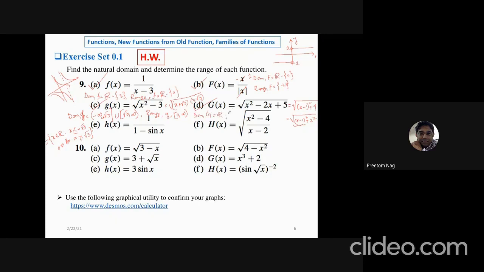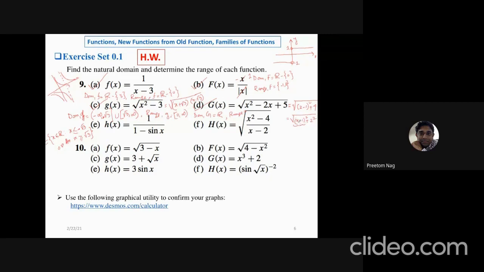What about the range? The range starts from 2 to infinity. Right, yes, you're right. When we look at the range, basically we see here that 2 squared is a constant term, 4 is constant, and x minus 1 squared is a variable term, right?